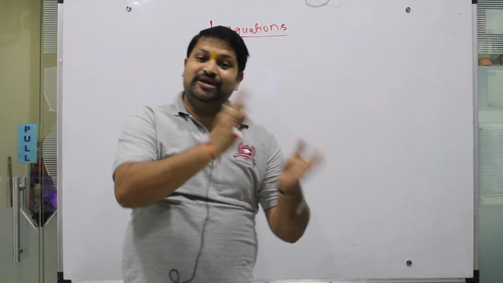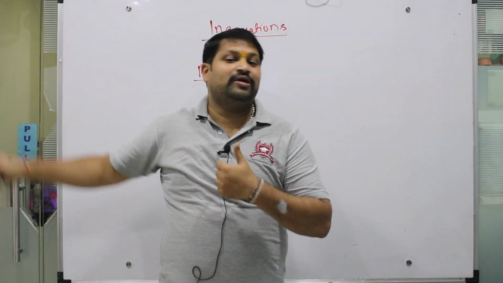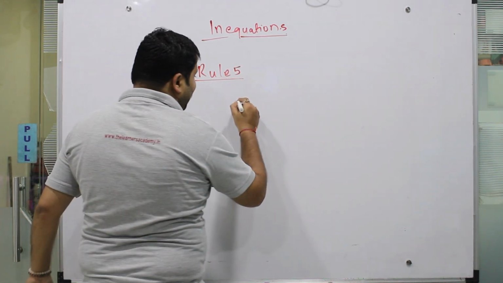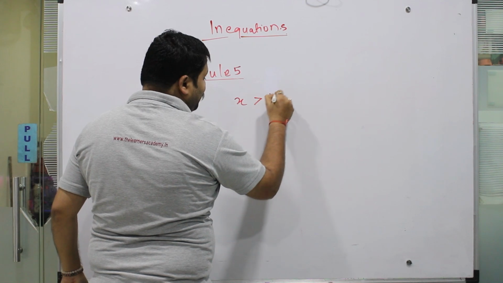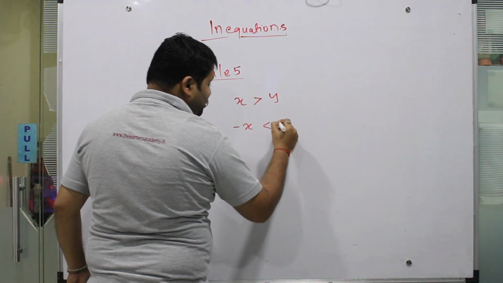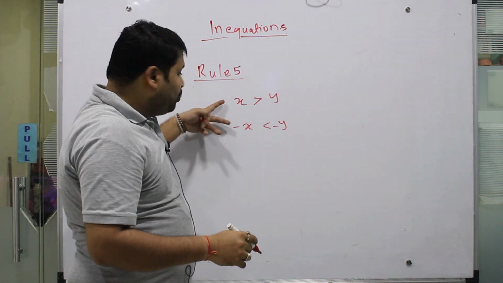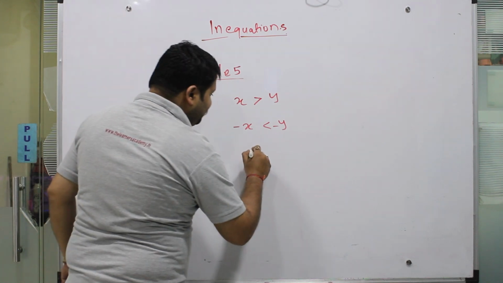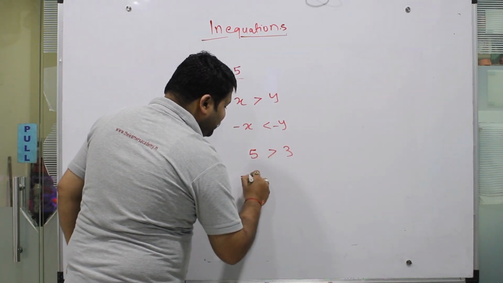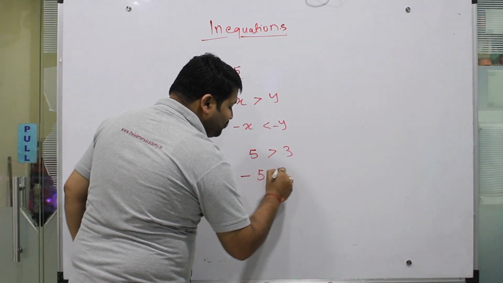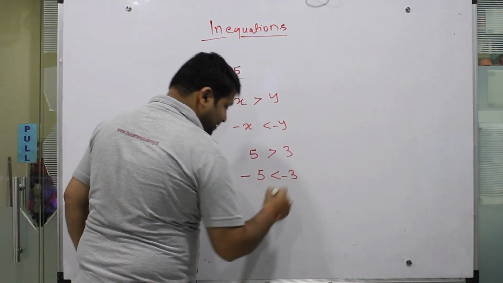So if we are multiplying by a negative number, my rule number 4 tells me the sign gets reversed. That means if I have x is greater than y, then minus x will be less than minus y. दोनों को मैंने -1 से मल्टीप्लाई किया. लॉजिकल सेंस में बनता है. अगर 5 is greater than 3, then -5 would be less than -3.